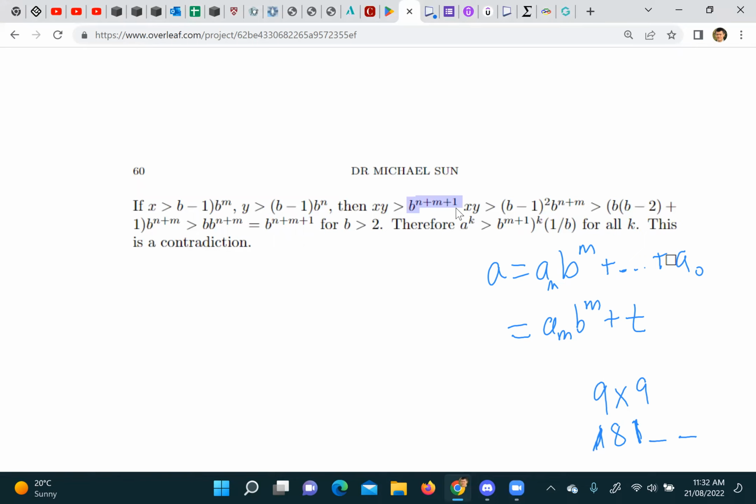So the product is less than n plus 2, yeah? So if it's bigger than m plus 1, then it's kind of maximizing its digit gain.